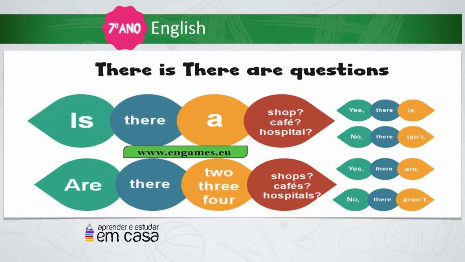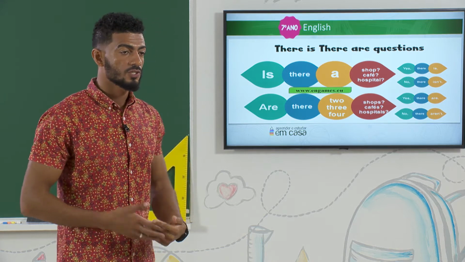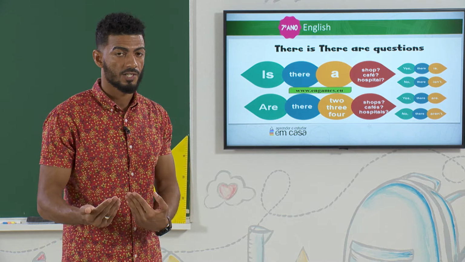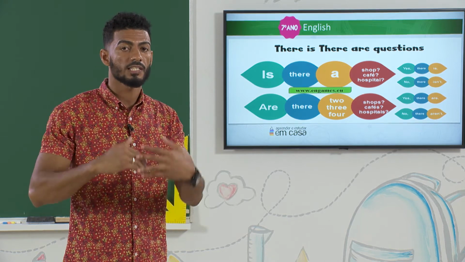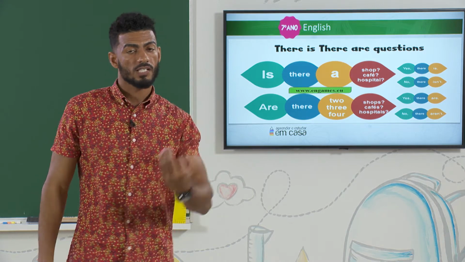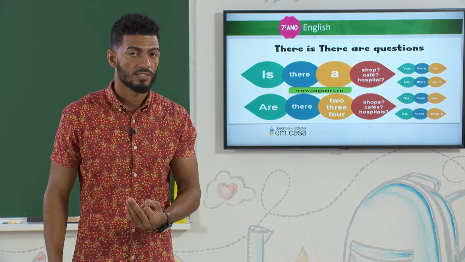If we don't have shops, we say no, there aren't. Are you following? Great. So, there is also a need to mention some prepositions of place when we are talking about around the town. For example, what does it mean, preposition of place?